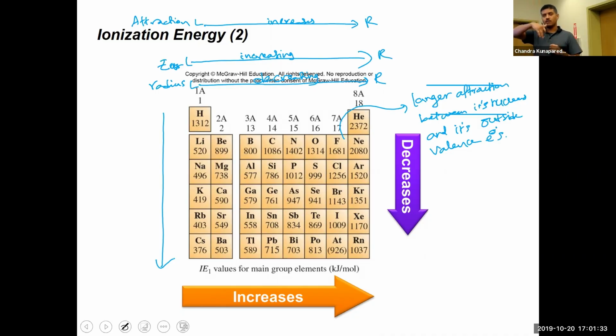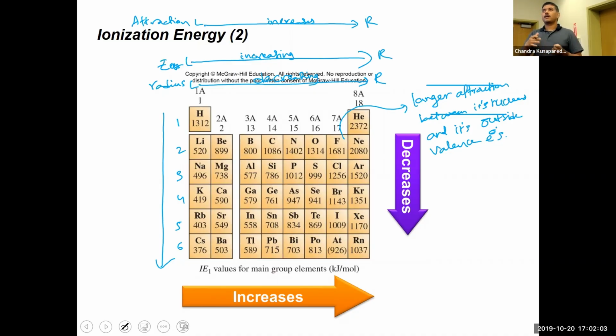As you go down, each element has one more core shell: one core shell, second, third, 4, 5, and 6. You are having more core shells, which means the distance from the nucleus is getting significantly larger and larger, because a new shell is introduced for each element. The distance from the nucleus to the outside valence electrons gets significantly larger each time.